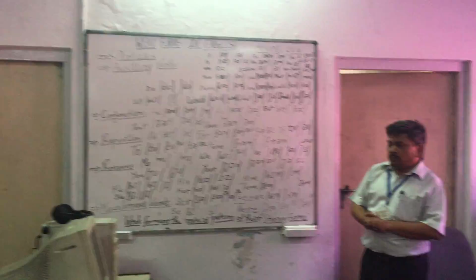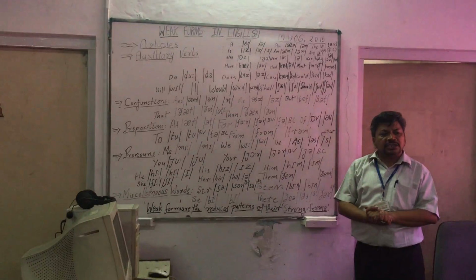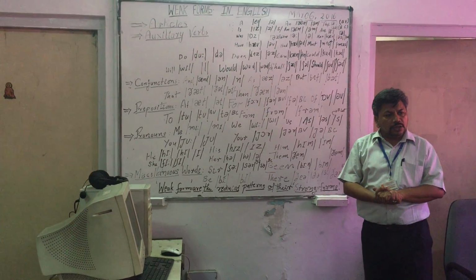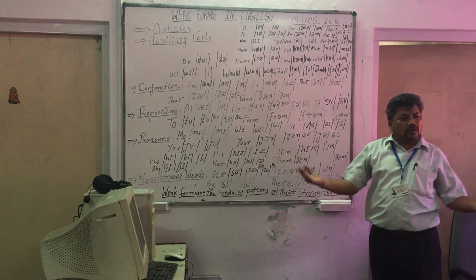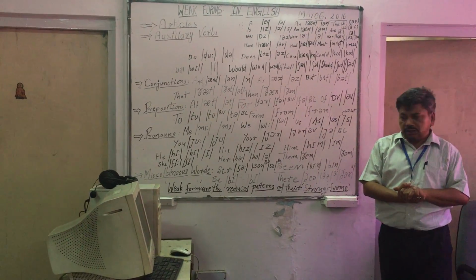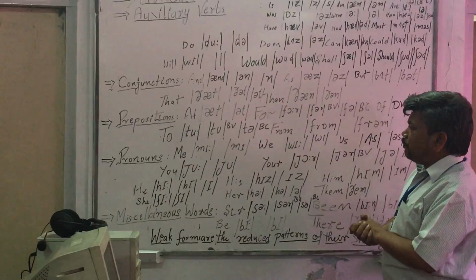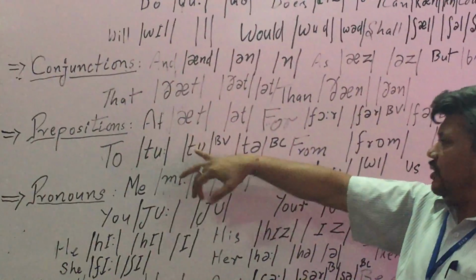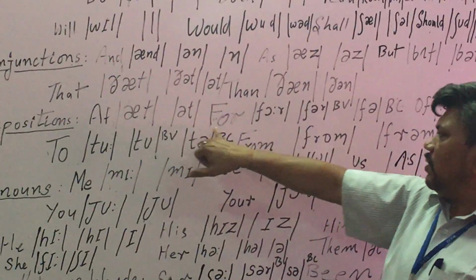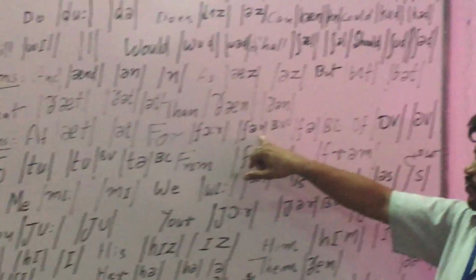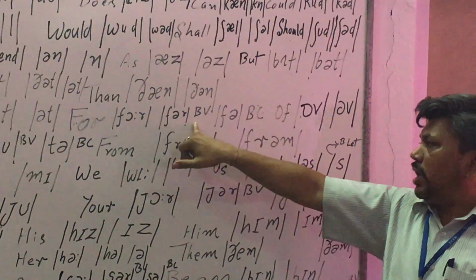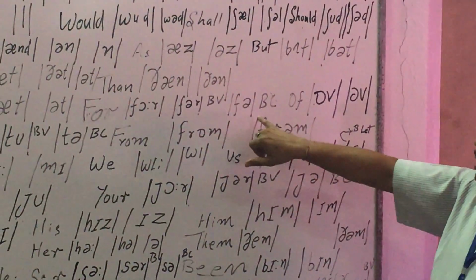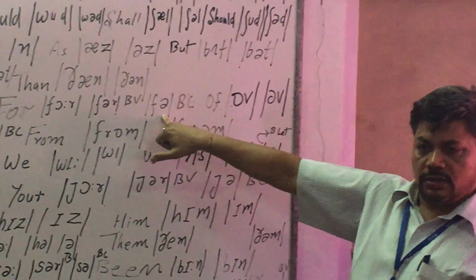Switching over to prepositions, we find that a certain list of prepositions, their strong form is also reduced. These prepositions like at, it becomes 'et', for, that becomes 'fer' before vowel, and then 'fr' before consonant.